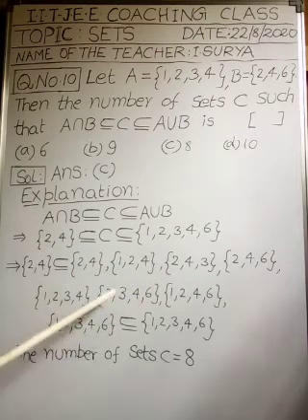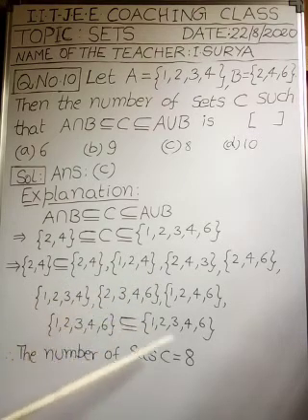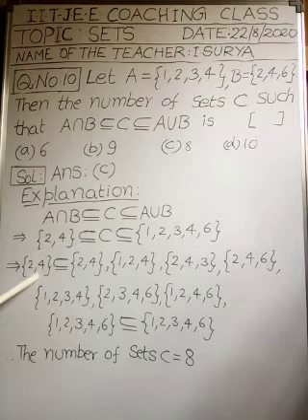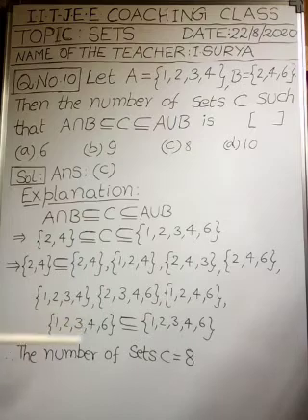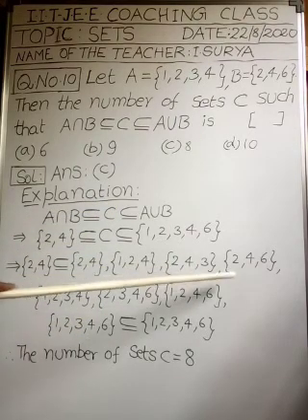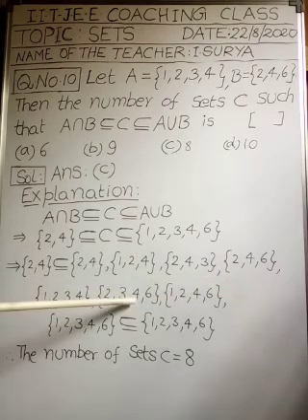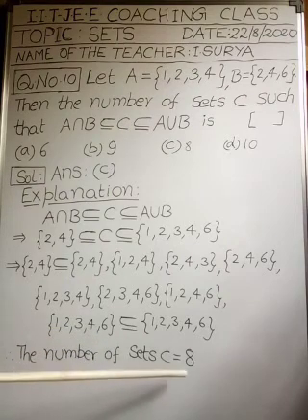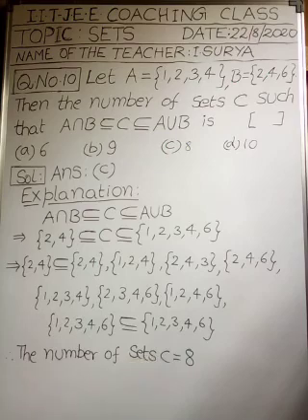All these sets are subsets of A union B, and 2 comma 4 is a subset of all these 8 sets. Understood this part, my dear children? Right. Then how many sets are there? Such sets: 1, 2, 3, 4, 5, 6, 7, 8. We can find 8 such sets. Okay, my dear children? Understood this question, my dear children? Right.